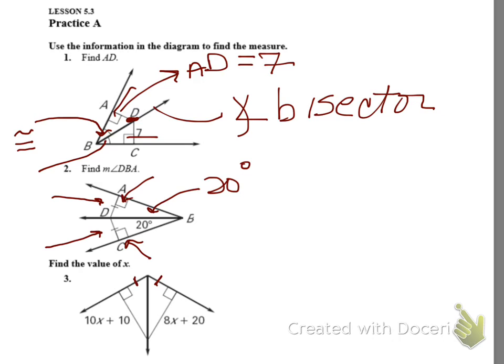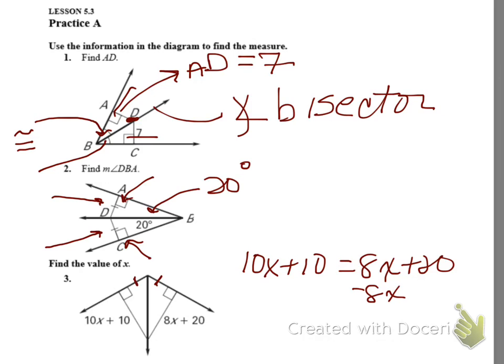Well, I know that if we have an angle bisector, then we're going to end up having isosceles triangles built right here. If that is the case, then we can say 10x plus 10 equals 8x plus 20.